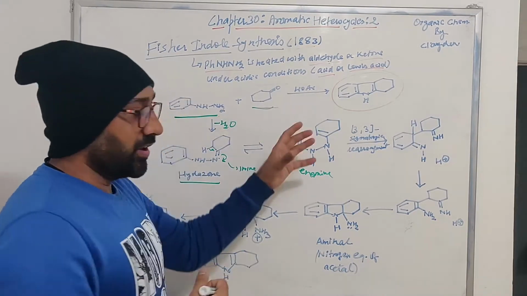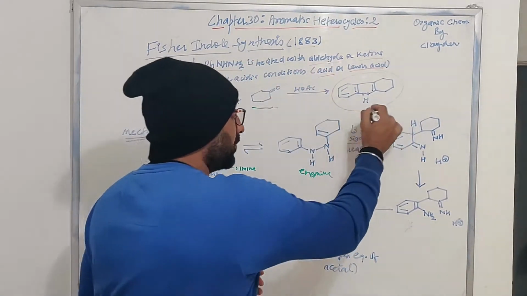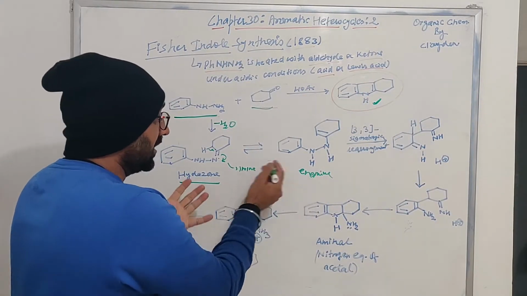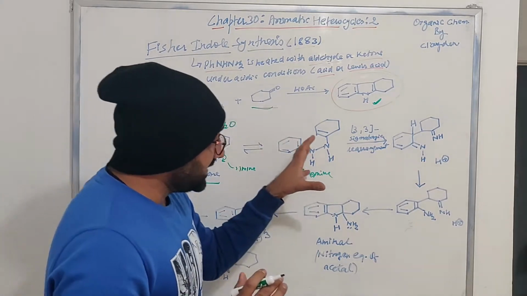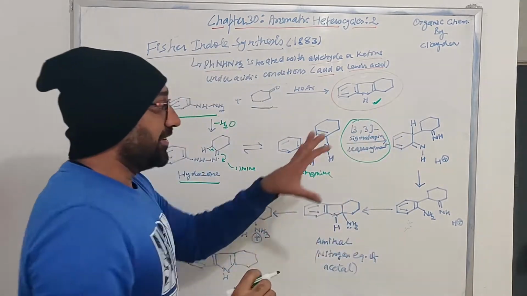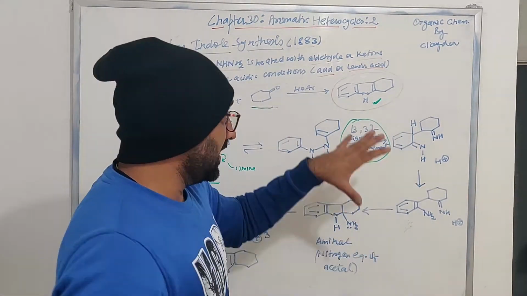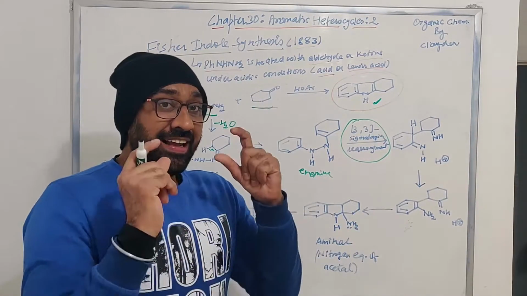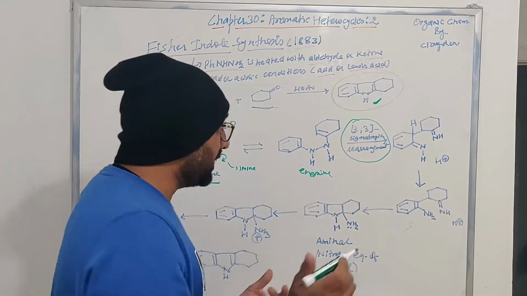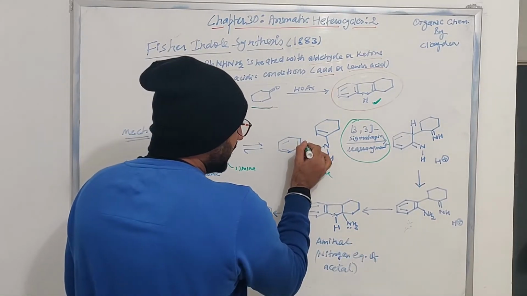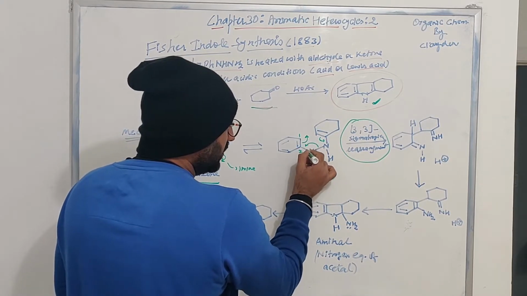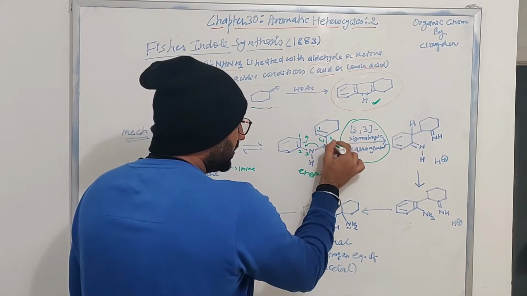These reactions are going forward under thermodynamic control, so this is the thermodynamically controlled product. Under these conditions, this becomes an enamine, and as soon as it becomes an enamine, it undergoes the most important step: a 3,3 sigmatropic rearrangement. As we said, in a 3,3 sigmatropic rearrangement, 3 atoms are involved on either side, one sigma bond is breaking and one sigma bond is forming. For example, in this case, this bond shifted here, this shifted here. So if we have 1, 2, 3 atoms here, we have 1, 2, 3 atoms here.